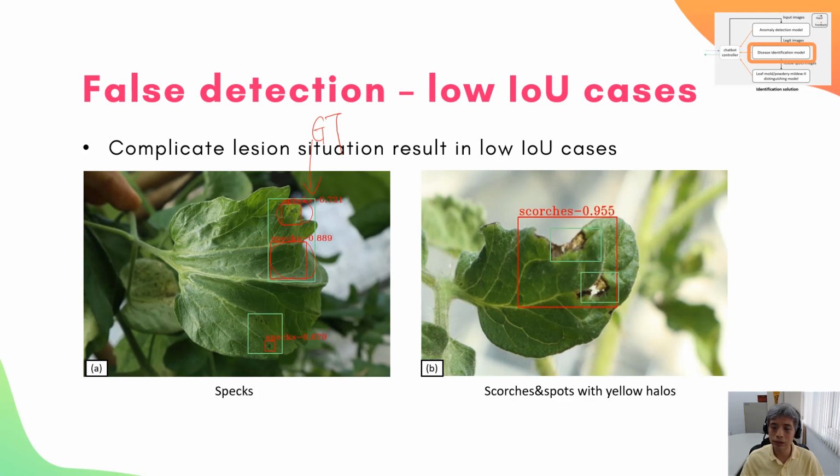Still, in object detection, this is considered a failure, because the IOU, the intersection over union, is very small. It's smaller than 0.6. So these two images are considered failure cases.